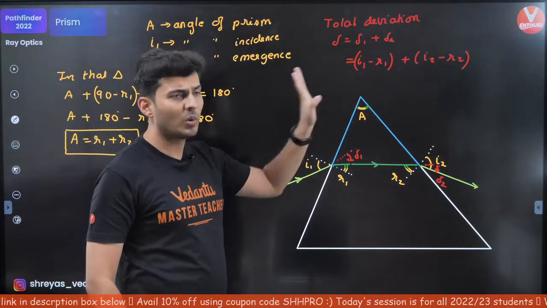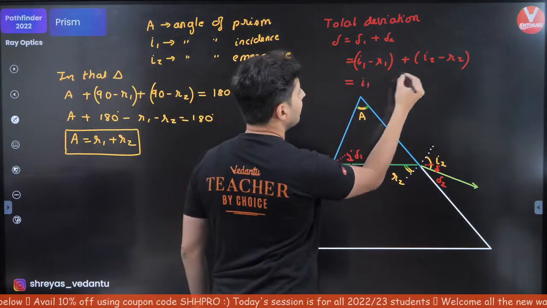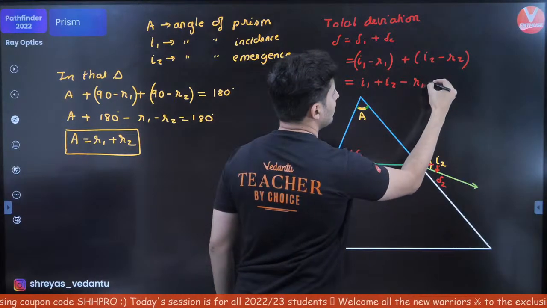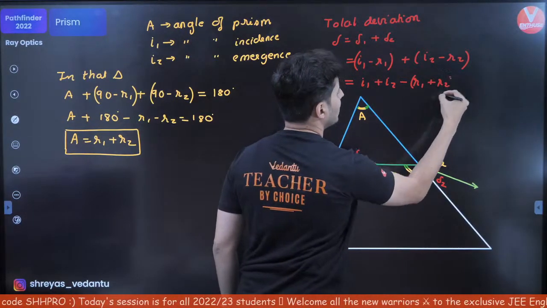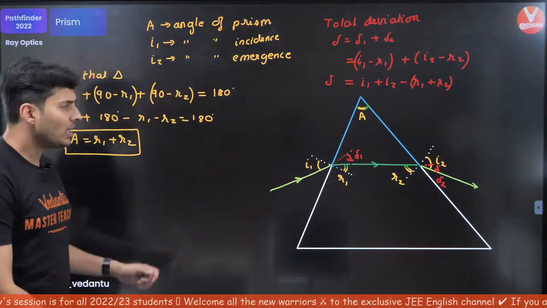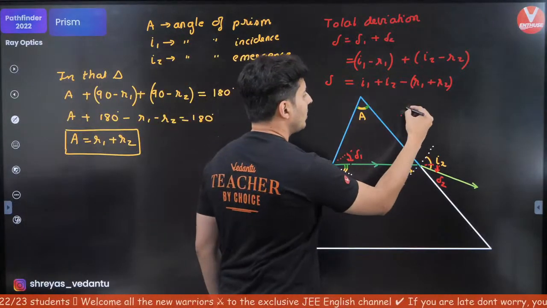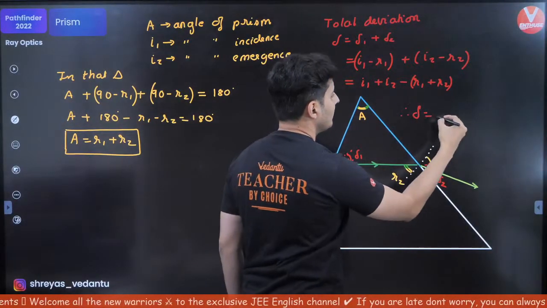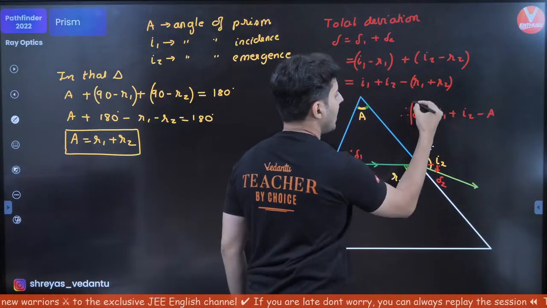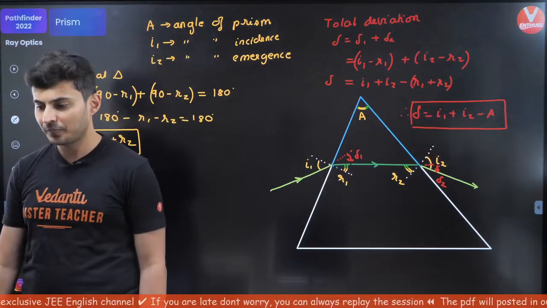Here I know I is more than R. That's why I comes first, R comes later on. Now this will be I1 plus I2, and here R1 and R2 are together. I have taken the minus sign common. Now what is R1 plus R2? I just got it here. R1 plus R2 is A. Therefore, delta is nothing but I1 plus I2 minus A. So this is another important relationship which every student must know.